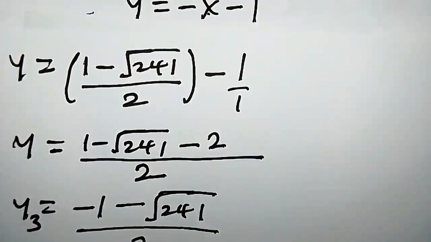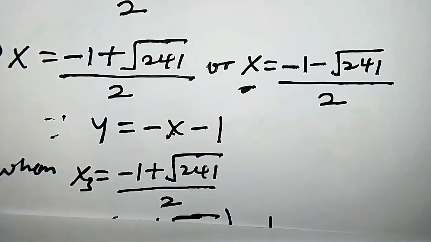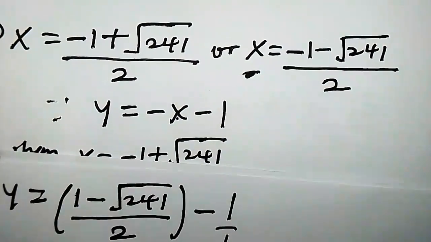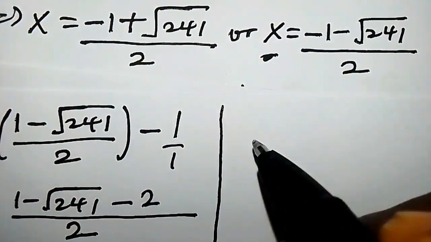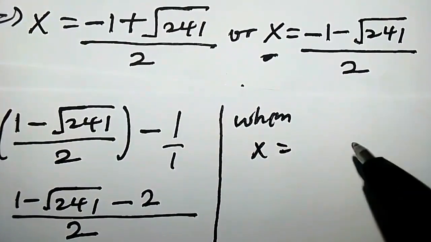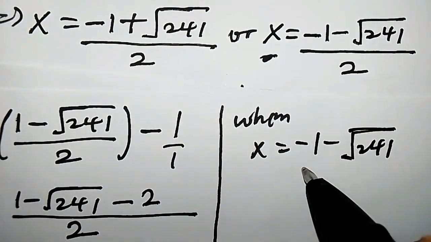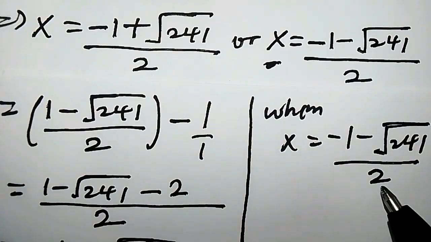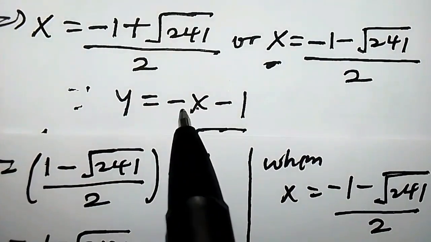Now, let us consider when x is equal to minus 1 minus root 241 divided by 2. We just have to plug in this value of x into this equation.